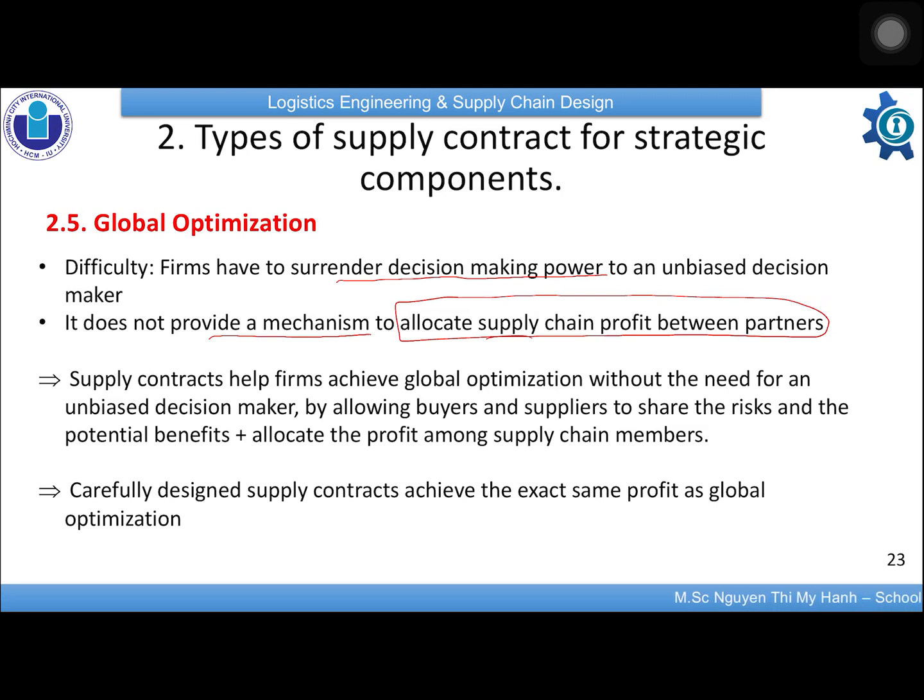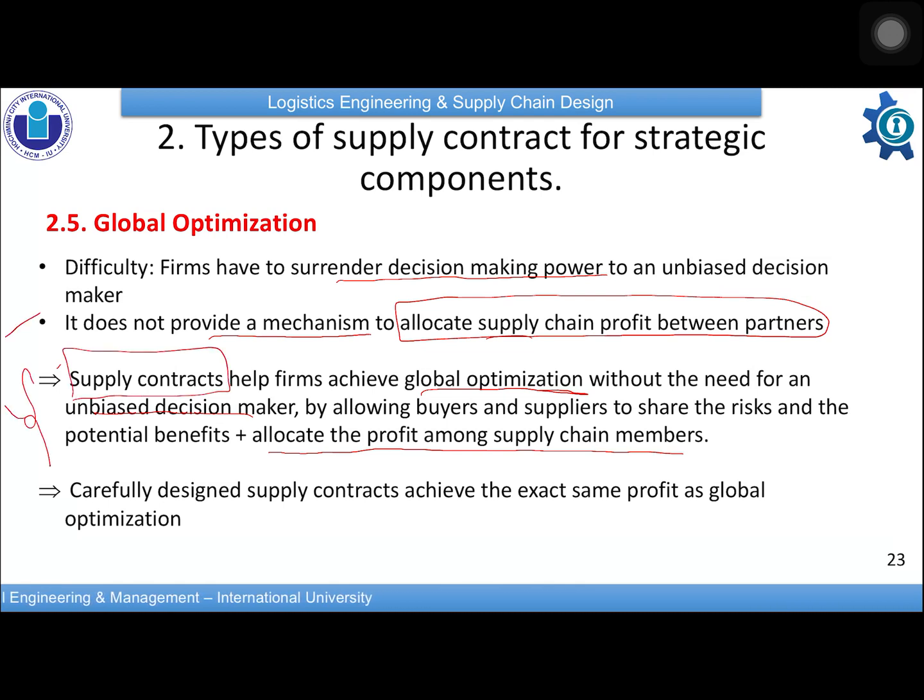But supply contracts help firms achieve global optimization without the need for an unbiased decision maker, by allowing buyers and suppliers to share the risks and potential benefits. Supply contracts also help allocate the profit among supply chain members. So supply contracts overcome the disadvantages of global optimization.